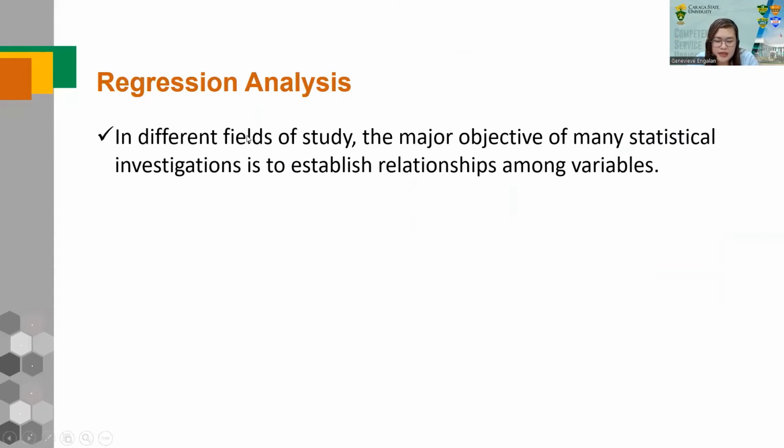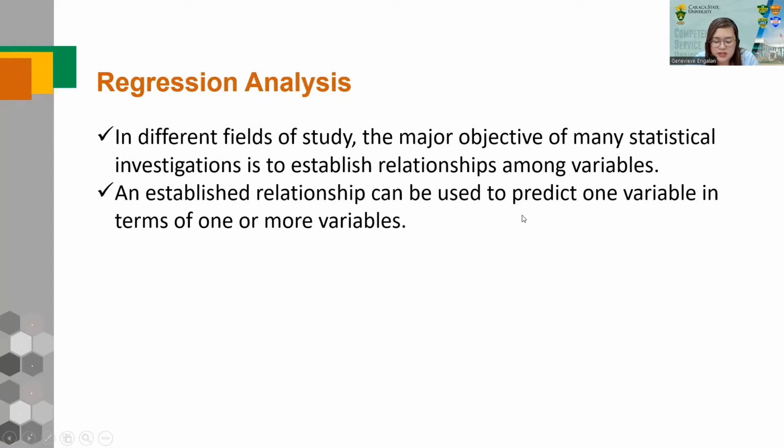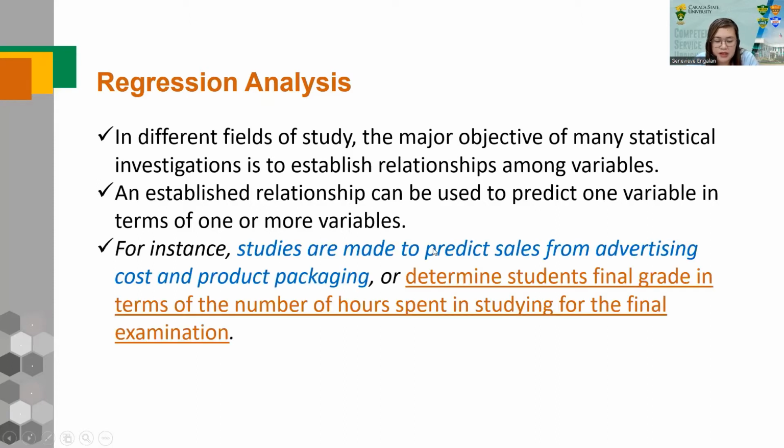So in different fields of study, the major objective of many statistical investigations is to establish relationship among variables. So an established relationship can be used to predict one variable in terms of one or more variables. So for instance, katong giingon ganina, if you have to determine students' final grade in terms of the number of hours spent in studying for the final examination.